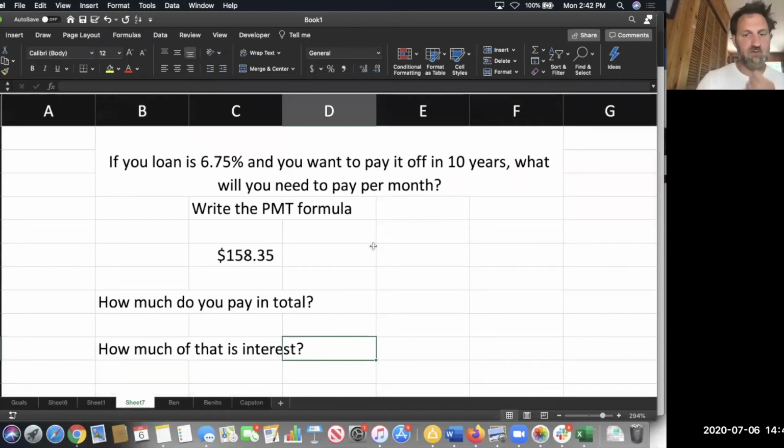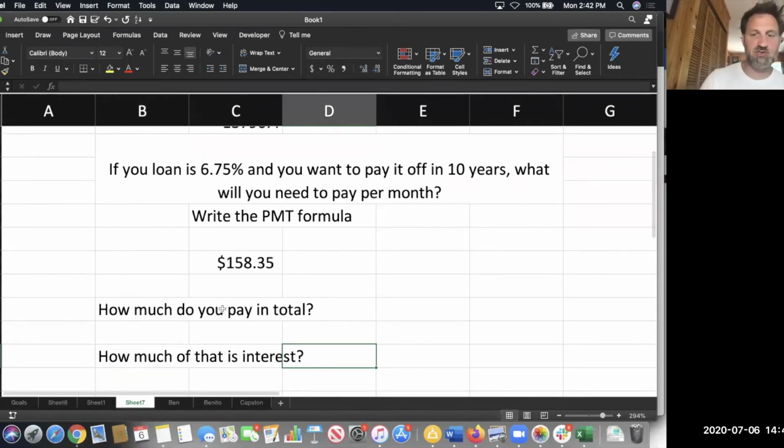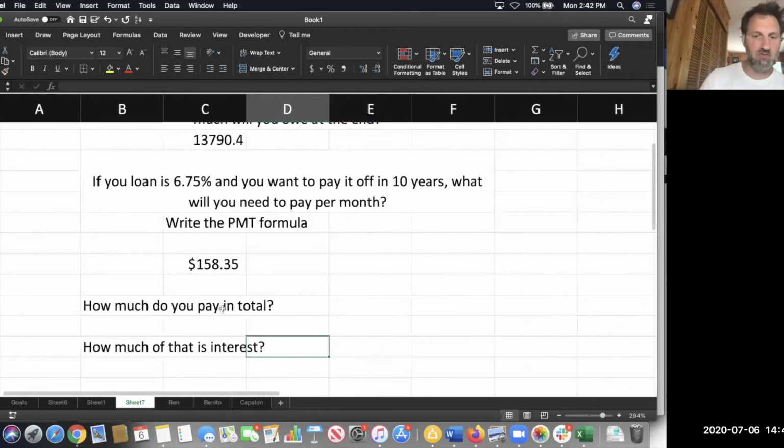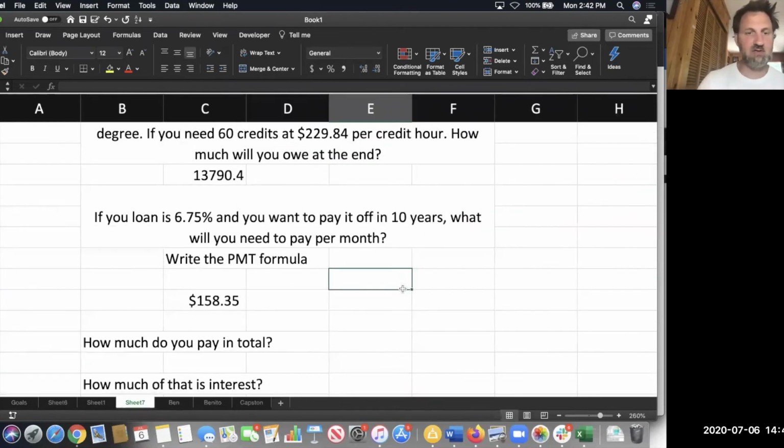So to answer these two questions, the math here is not complicated, but we've got to do some other operations. Nothing crazy with Excel. I mean, we could use Excel to do it. So let me give you a similar version of this.